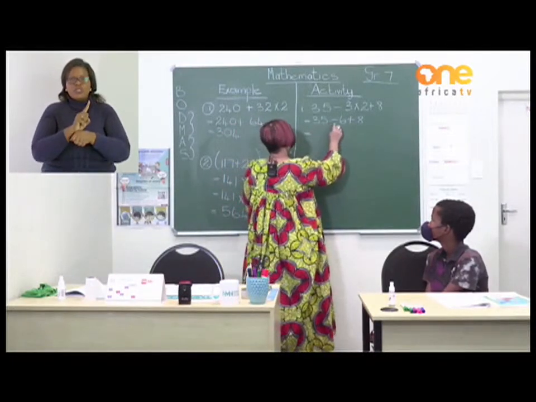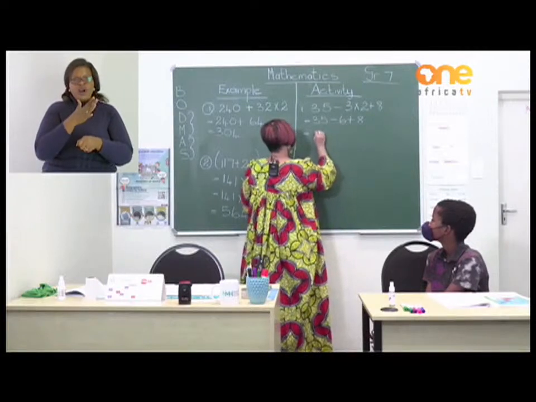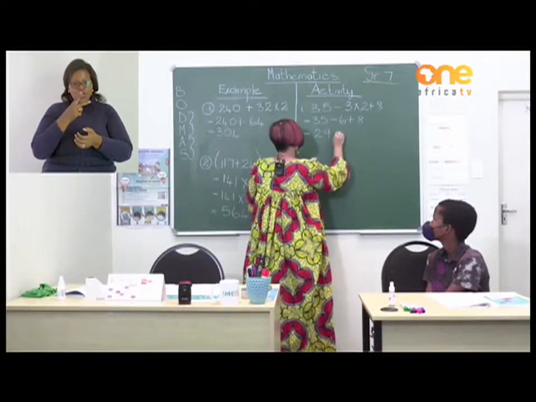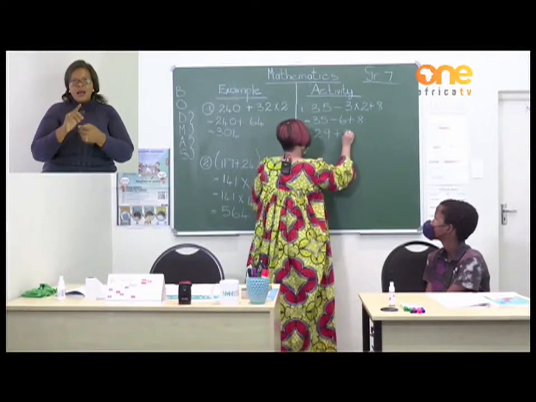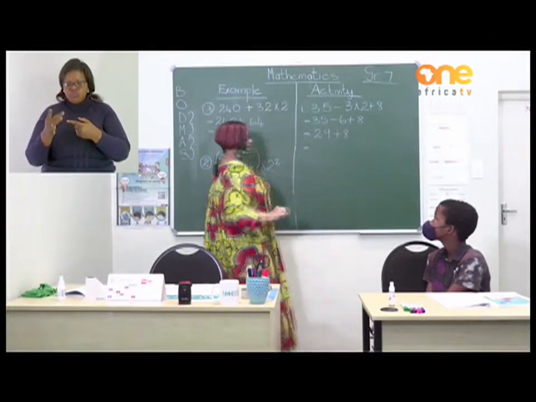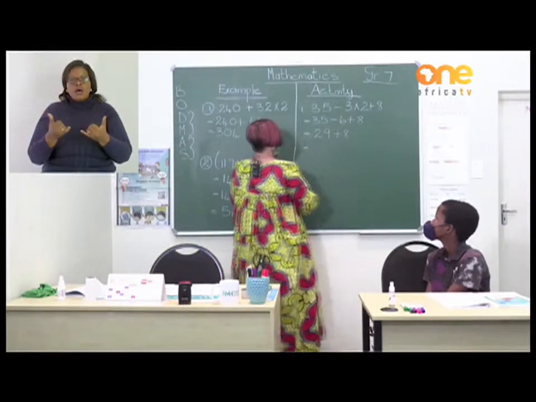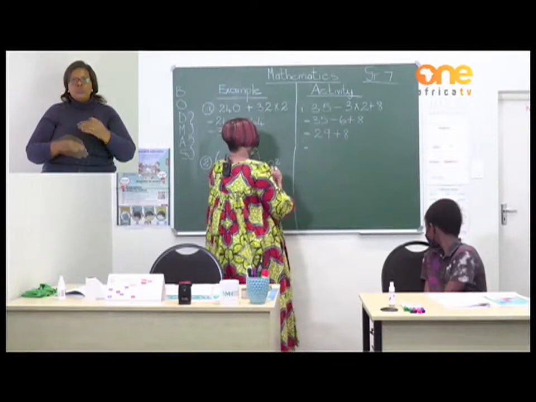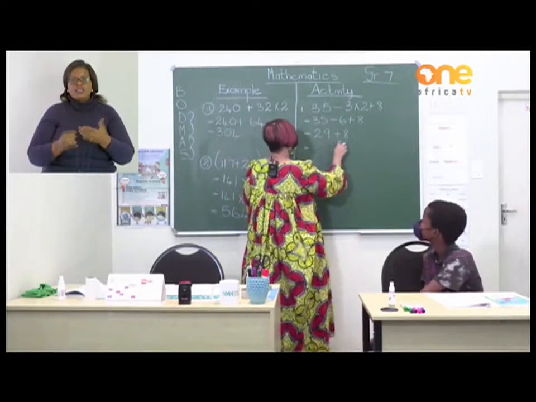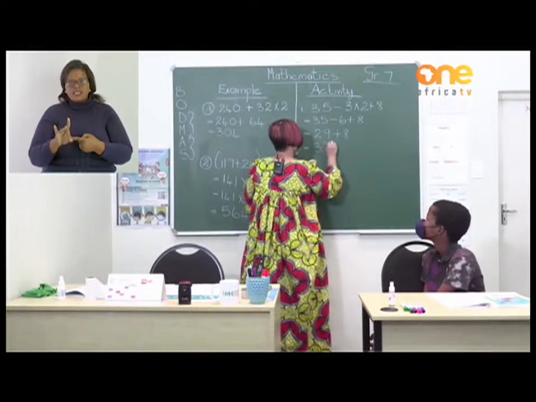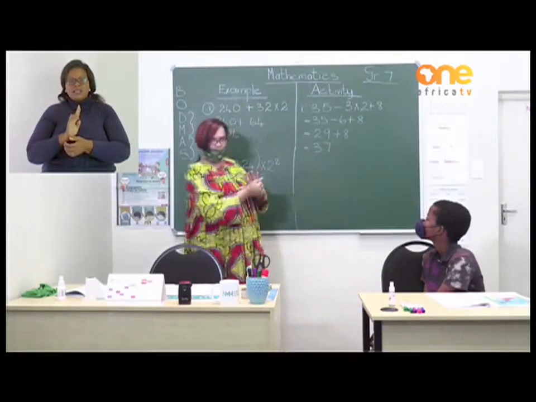So 35 minus 6 is equal to 29 plus 8. So we do our addition. The only one that's left, 29 plus 8 is equal to 37. You have the answer?